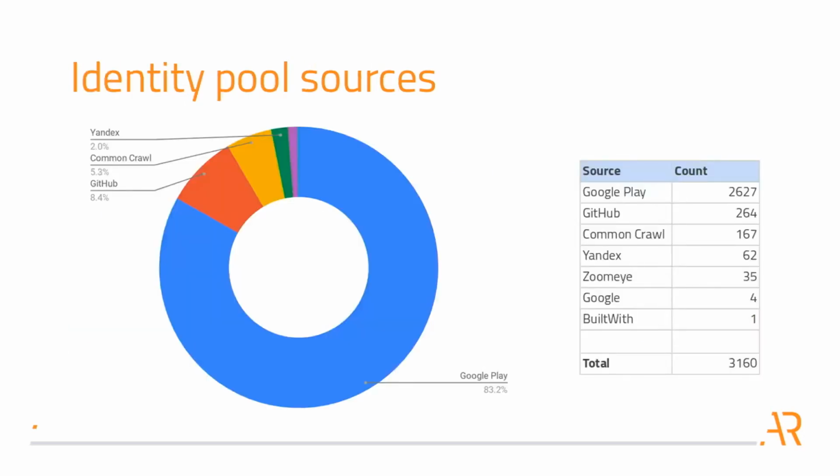So, identity pool sources. I was able, with the different methods, to get access to a list of 3,100 identity pool IDs. Those IDs are distributed like that. The great majority came from the Play Store. Then a few came from GitHub, Common Crawl, Yandex, and so on.